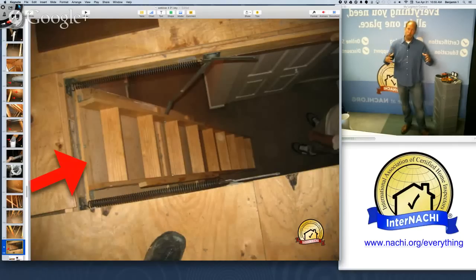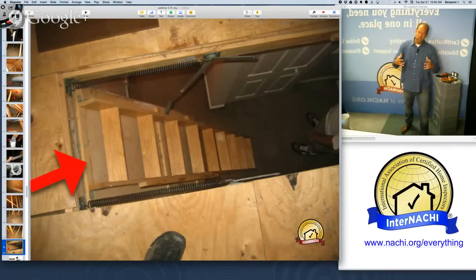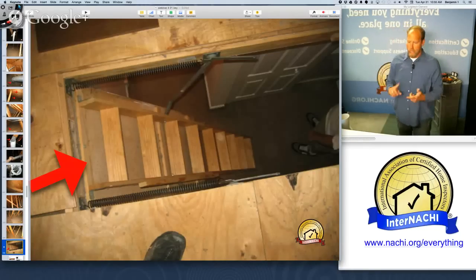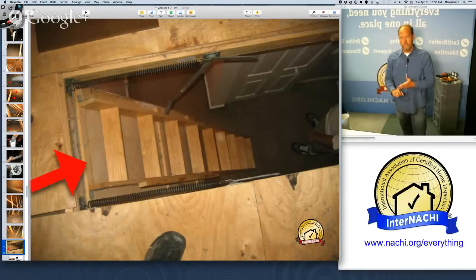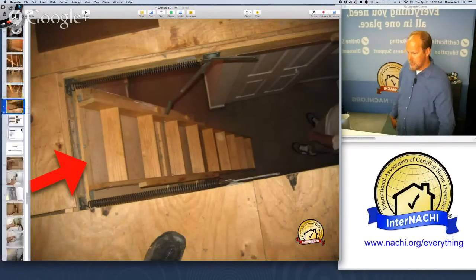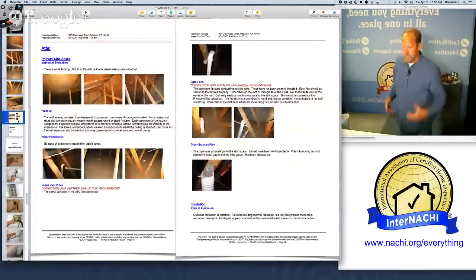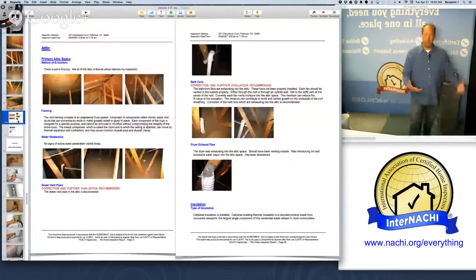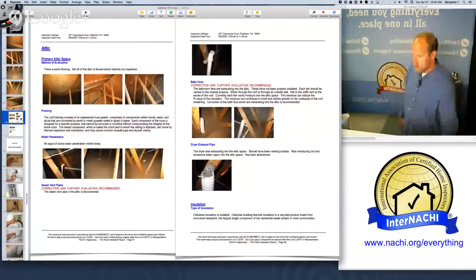It's essentially a hole. So they're heating and air conditioning the air, but it's escaping out through this large hole. It's not insulated. It's not air sealed. So the heating system is working more than it needs to in both the summer and winter months.